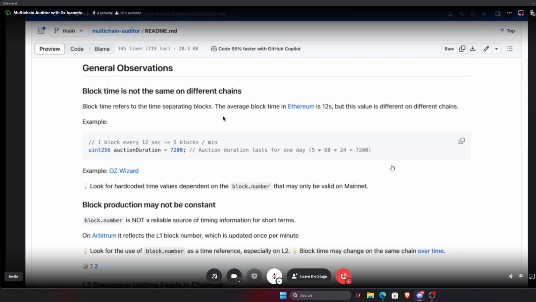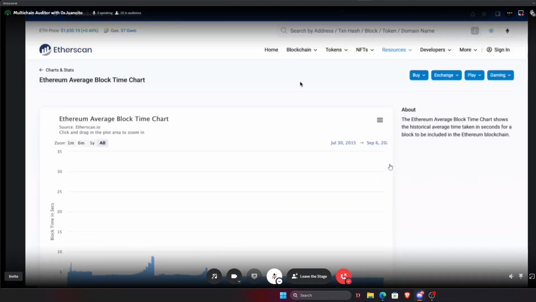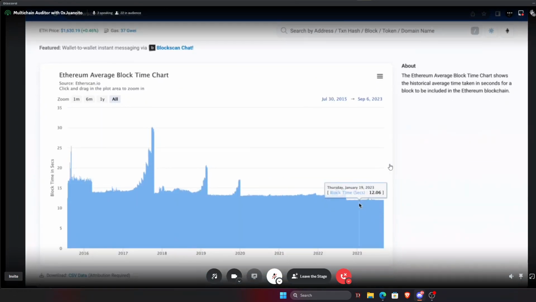As you probably know, the average block time in Ethereum, whenever a block is not mined but verified now, is around 12 seconds. We can see that on Etherscan, for example, the average block time nowadays is 12 seconds after the merge, which happened on this little spike.